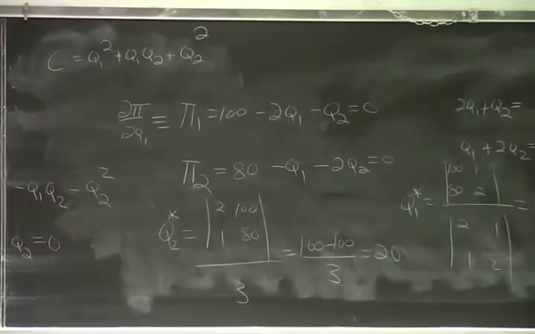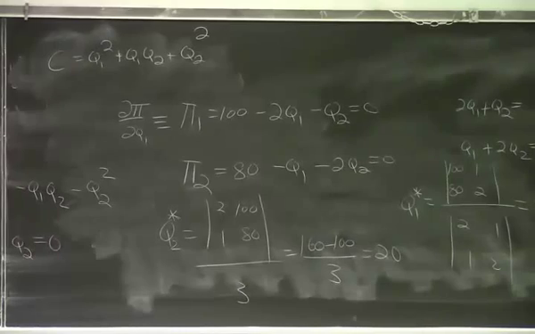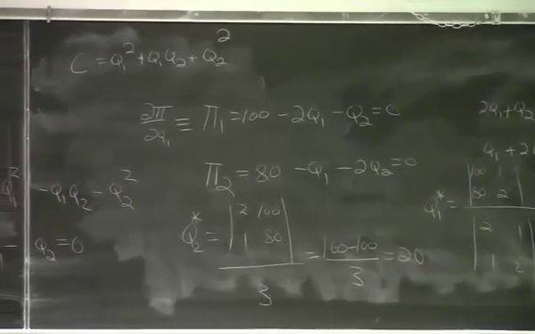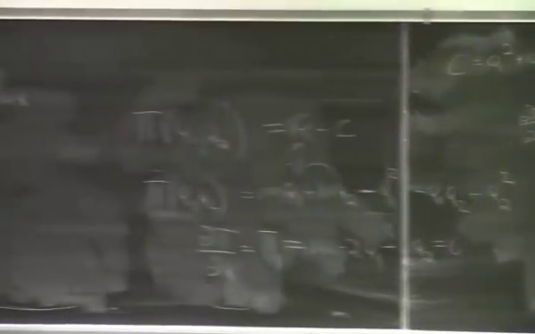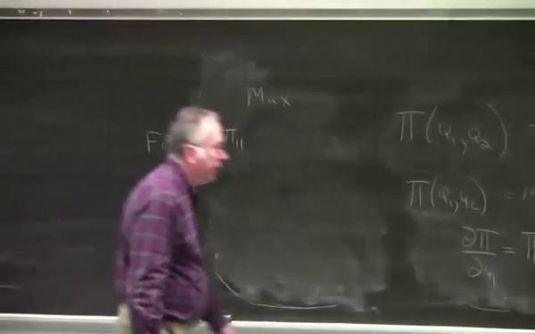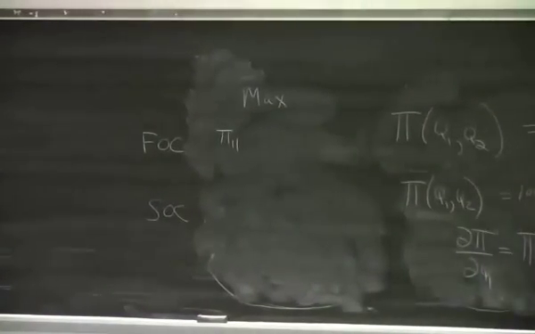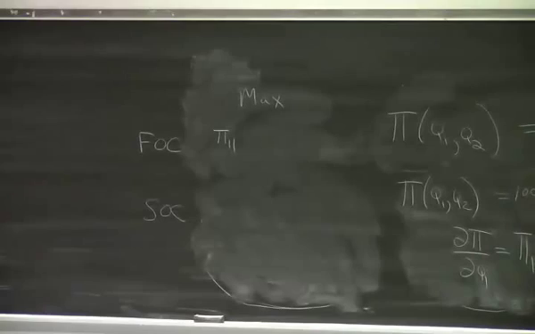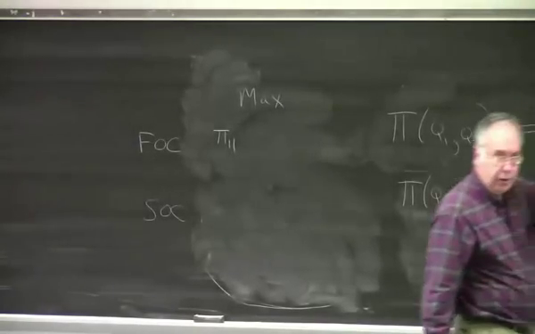Well, the easiest notation would be pi sub 1, 1. So pi sub 1, 1 is the second derivative of profit with respect to Q1. It's just the derivative of pi 1 with respect to Q1. So that corresponds to what we had before, f sub xx.